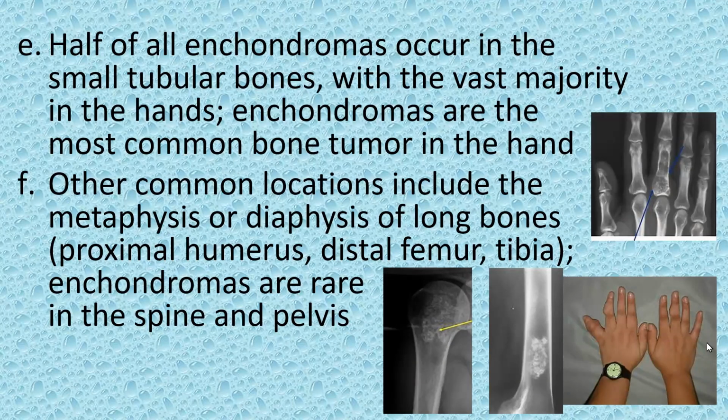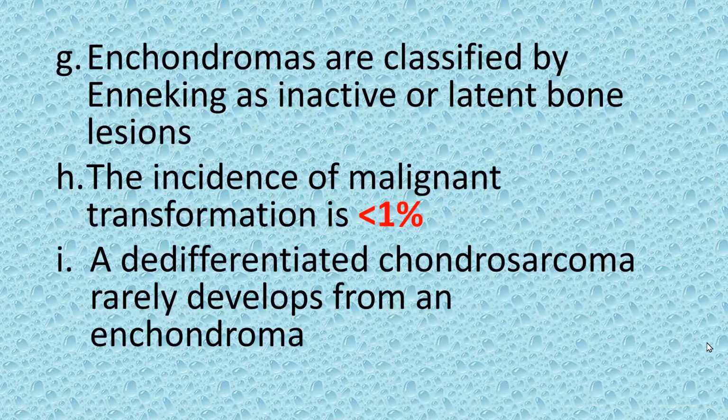Enchondromas are classified by Enneking as inactive or latent bone lesions. And I would like to mention that there are latent, active, and aggressive lesions. These are divided according to the Arabic numerals: 1, inactive or latent; 2, active; and 3, aggressive, which will be giant cell tumors.